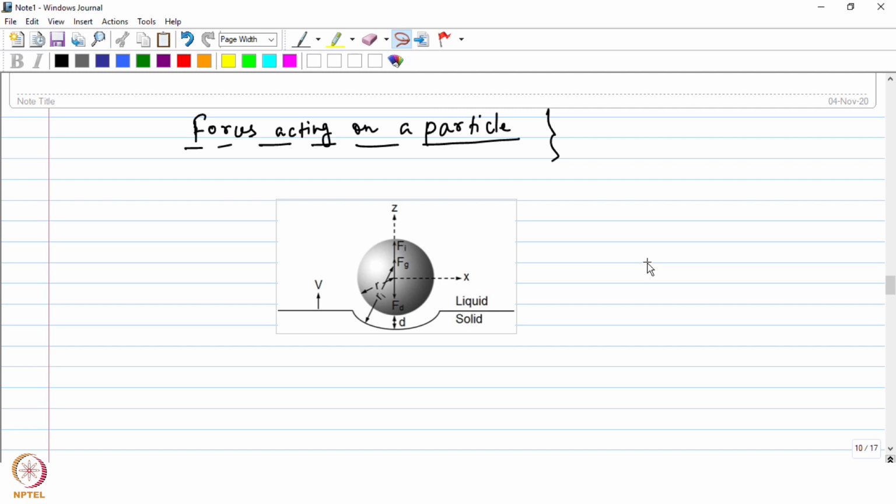And these forces are as follows. You have the gravitational force, let us call that Fg.